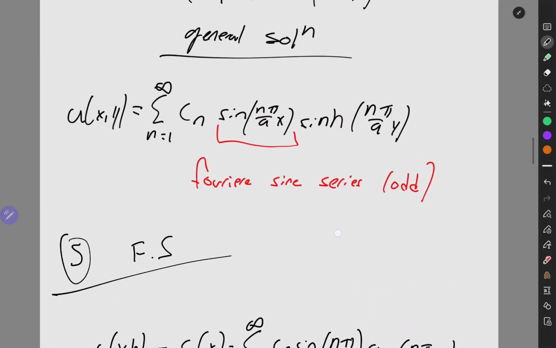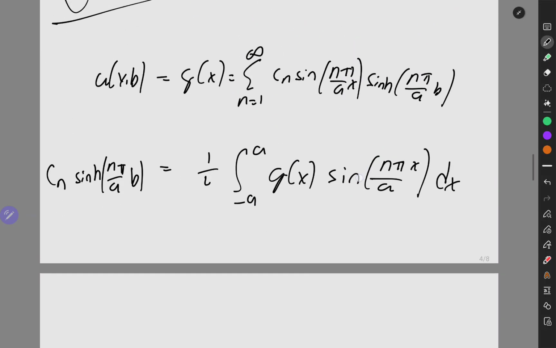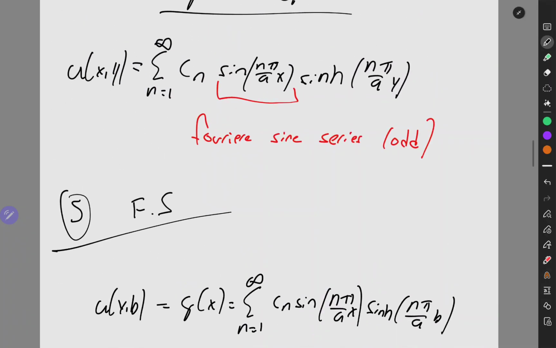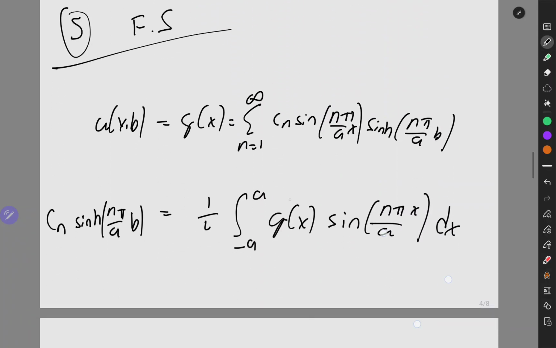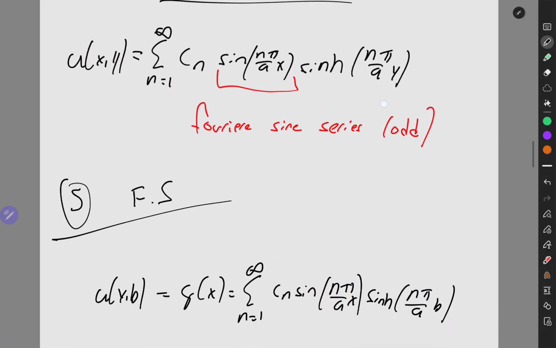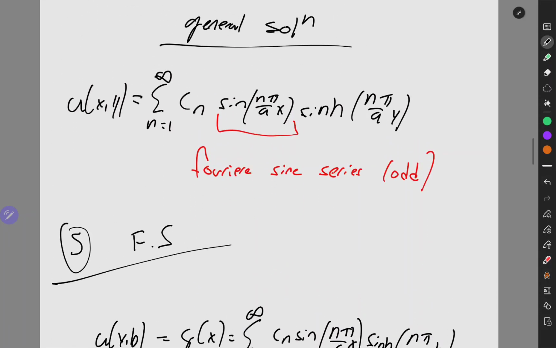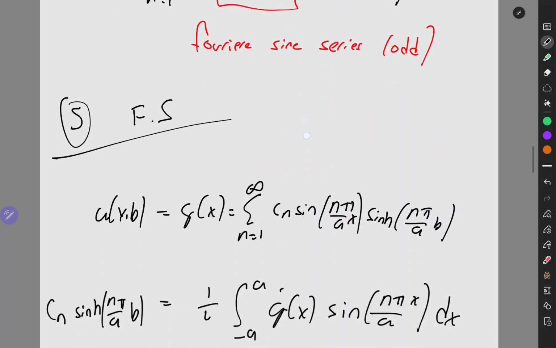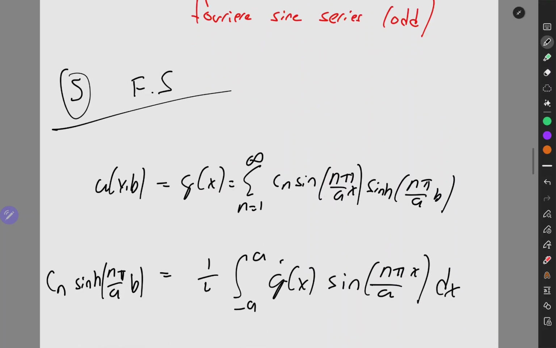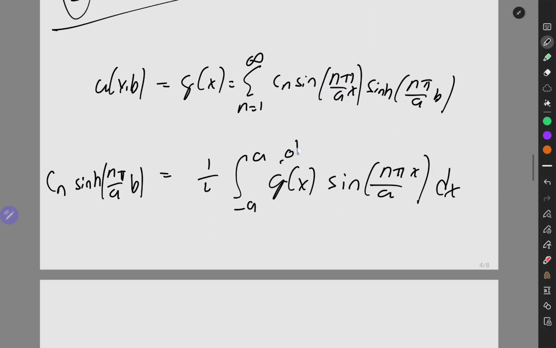So let's figure this out. What is g of x? Well, the Fourier sine series is odd. So because our general solution denoted an odd series, g of x is an odd series. So this is odd, this is odd, and odd times an odd is an even.